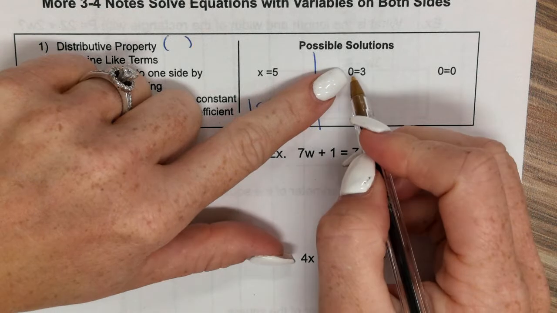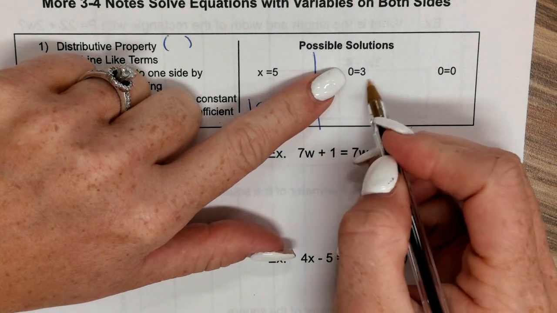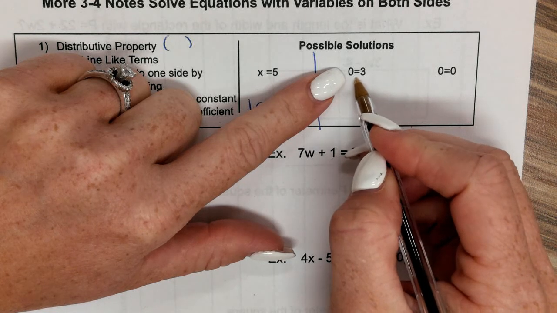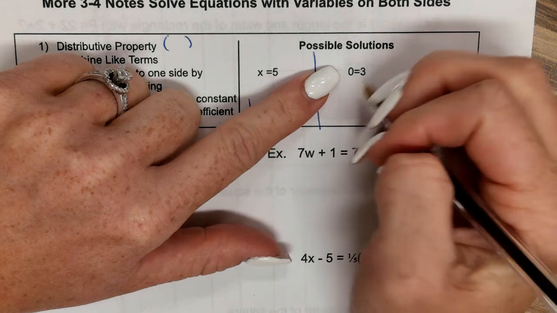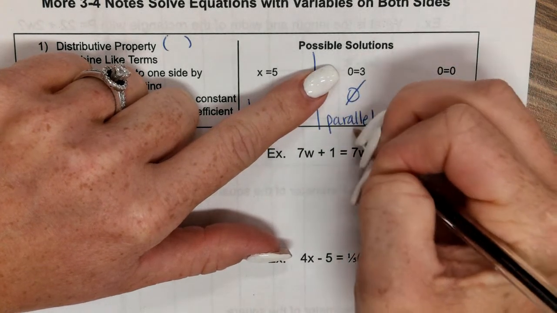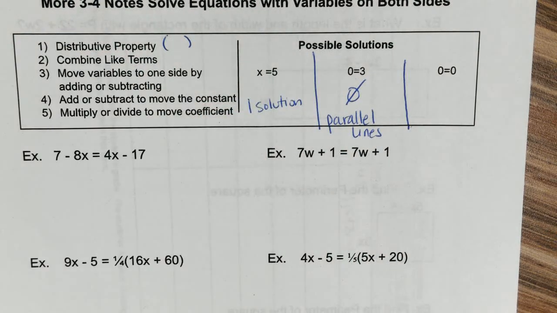What is your answer if you get something that looks like this? Say it. No solution. These are parallel lines. That means they will never touch, yes?